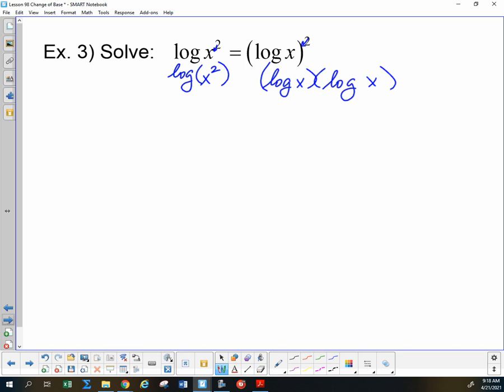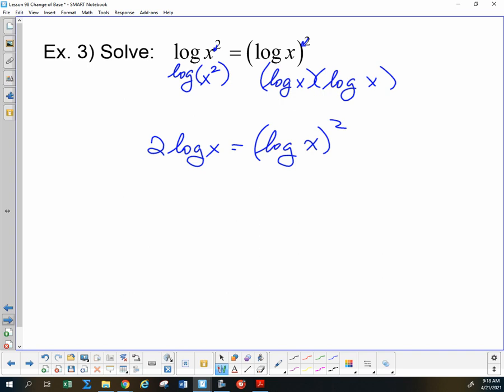In order to do these, we are going to do a couple of things. With the left-hand side, we're going to use our property with the exponent, but we can bring it out in front. So I have 2 times the log of x equals the log of x times the log of x. Then with these contrived log problems, we're going to do our substitution.